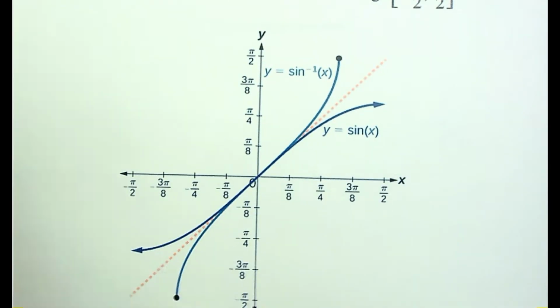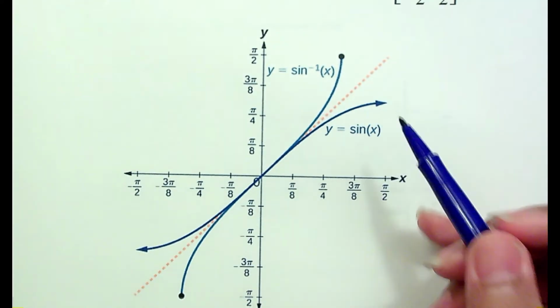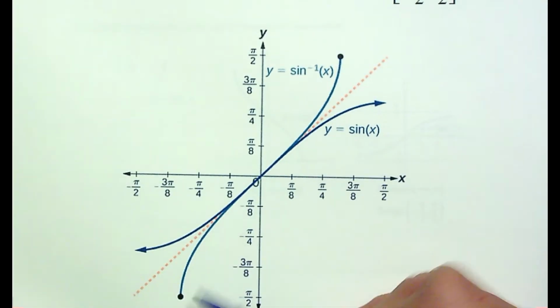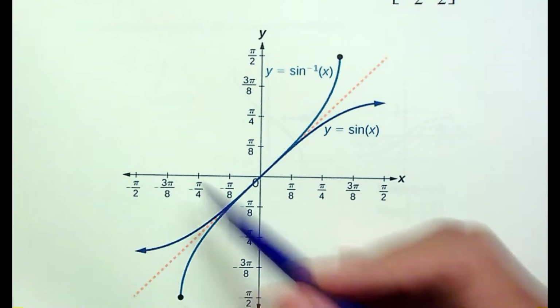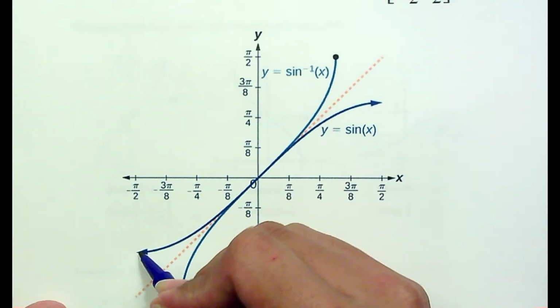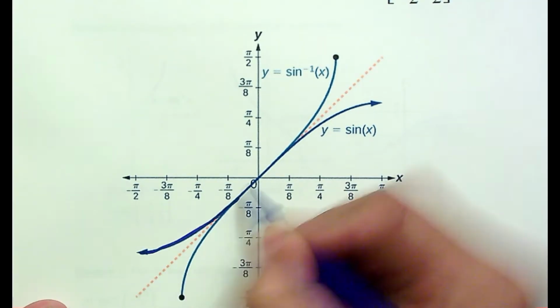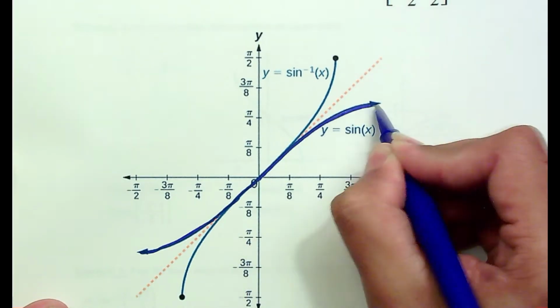So, for example, for the graph of arcsine, or sine inverse, remember that we restrict the graph of sine to the piece between negative pi over 2 and pi over 2. In this case, it would be this one right here.